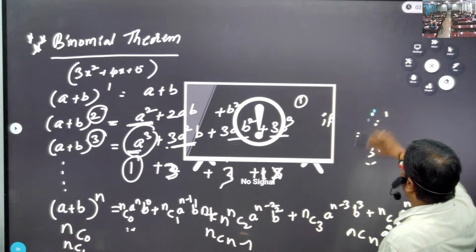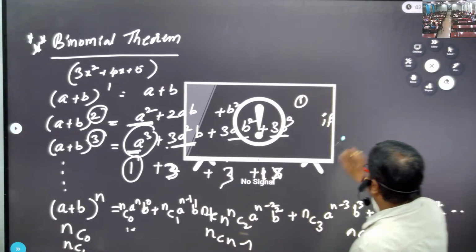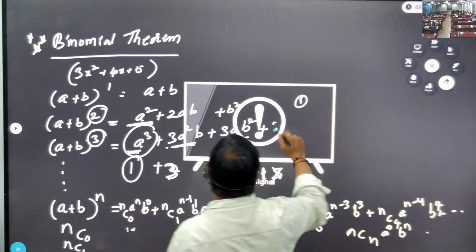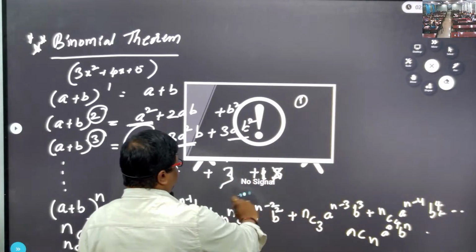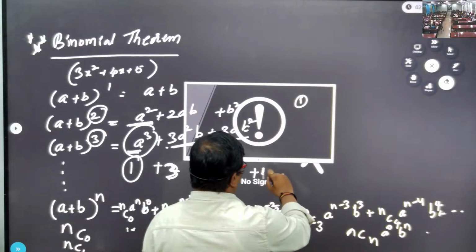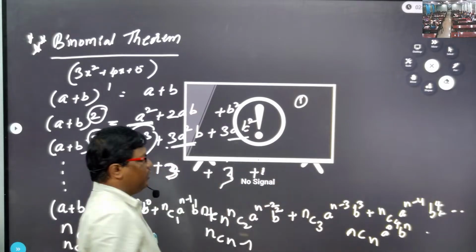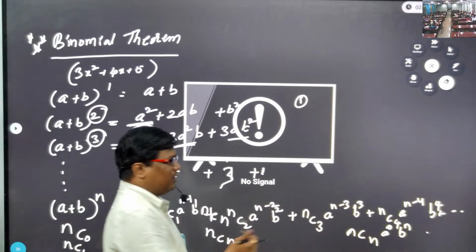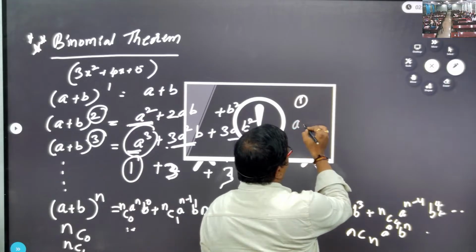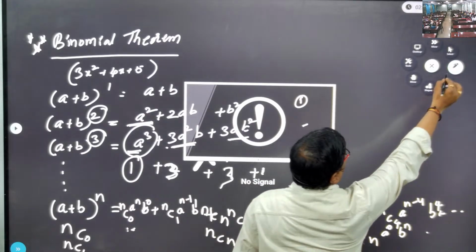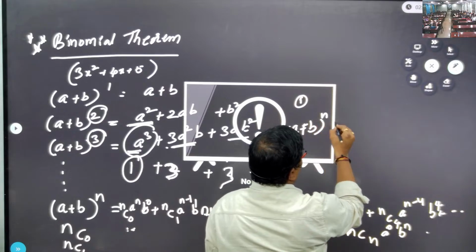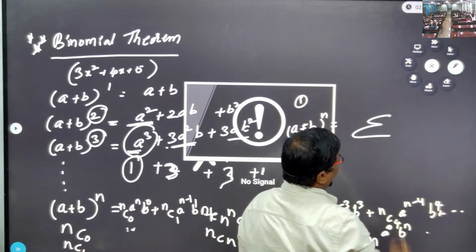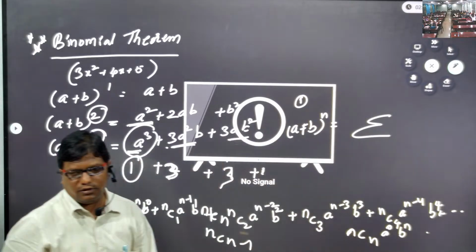(A plus B) power n value we got. So now tell me what is the final equation for the binomial theorem. You will be writing (A plus B) power n is equal to summation of, like that we can write out that value.